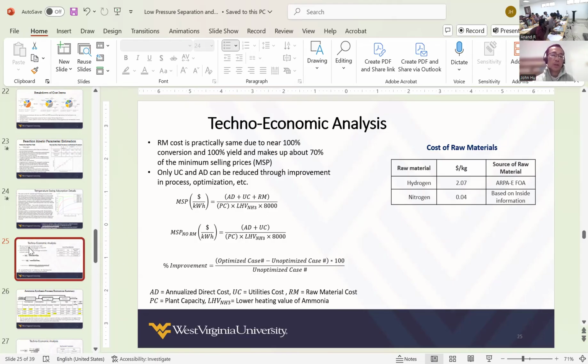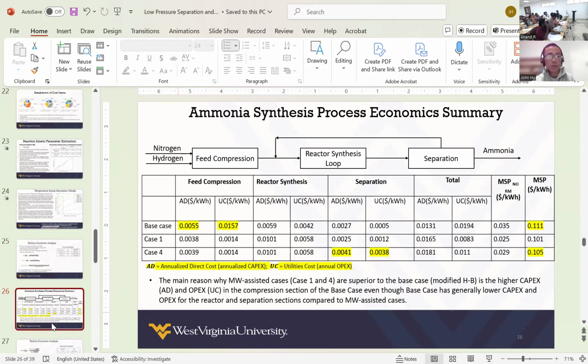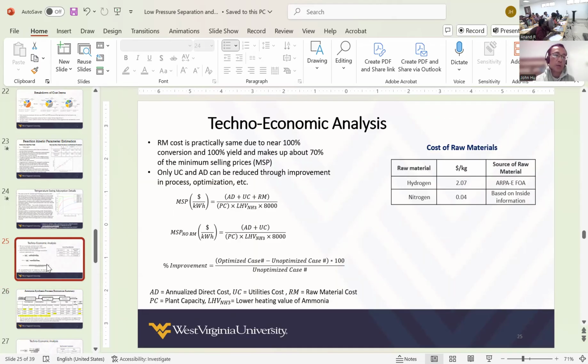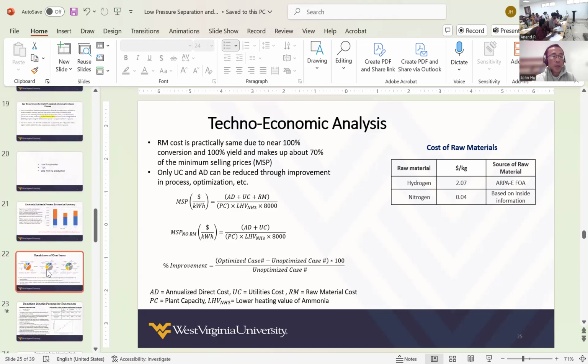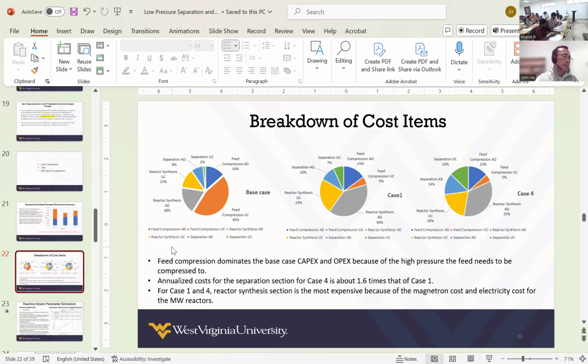Okay, so let's go back. We will have a lot of data. Based on this, you'll see a lot of comparison in this yellow highlight. Very good question. This pie chart discloses where the savings of the new technology are compared with Haber-Bosch.